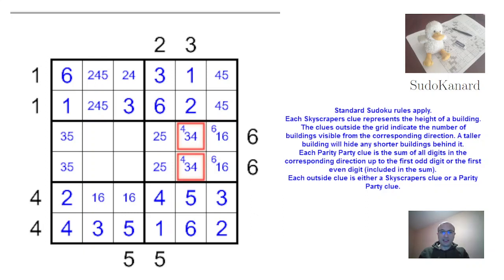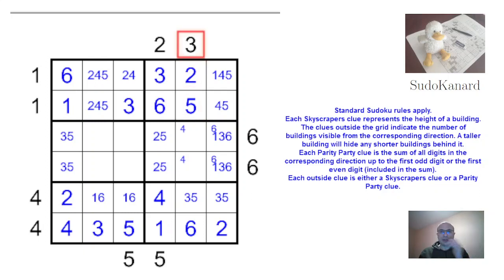Well, basically nothing. Especially knowing that it could be 2 and 5. So 1 and 2 would have worked as a Parity Party clue, 2 and 5 work as a skyscraper clue. And we're left with basically the same as what happened before. So I must work on this. Or maybe find something here.